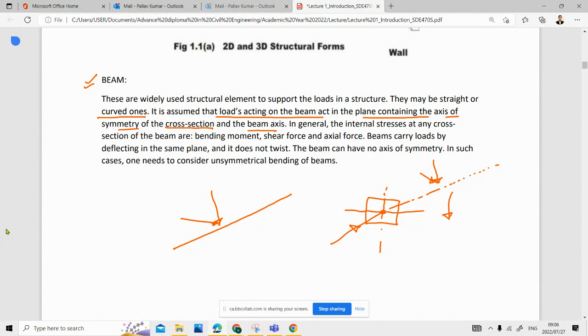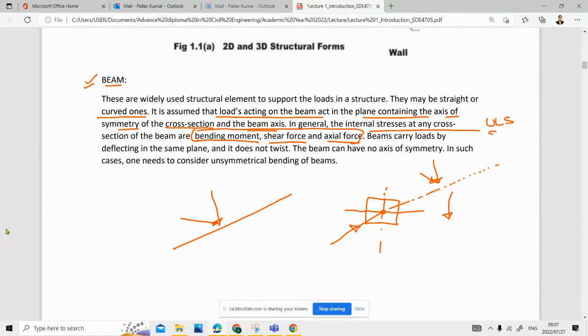So whenever we ask about a beam, you have to find various unknowns in that beam, and those unknowns are your bending moment, your shear forces, and your axial forces. These are the three unknowns in terms of your loading conditions. That is the ULS condition, the ultimate limit state.